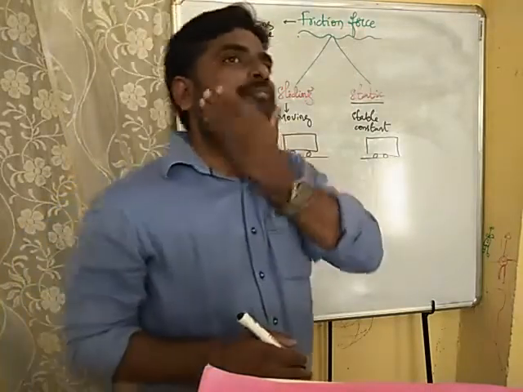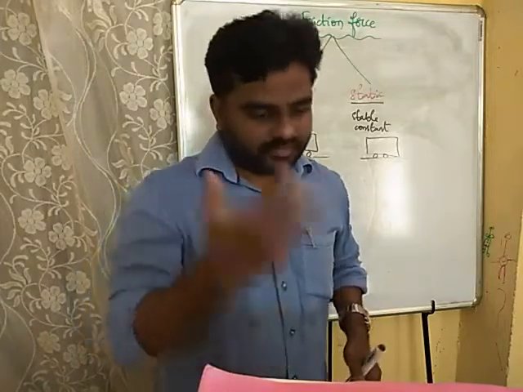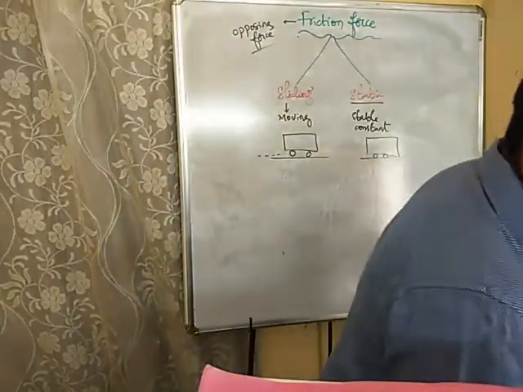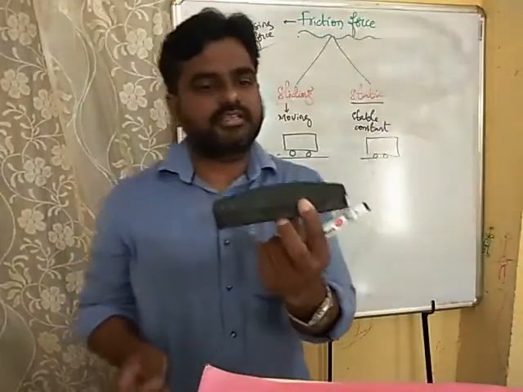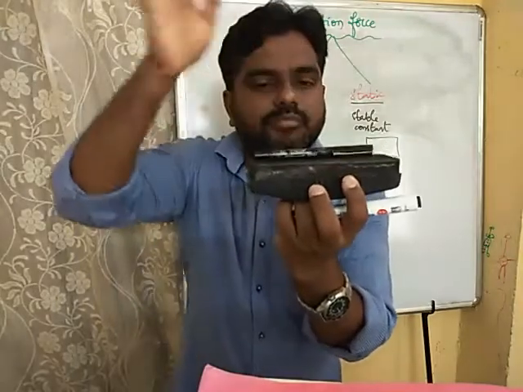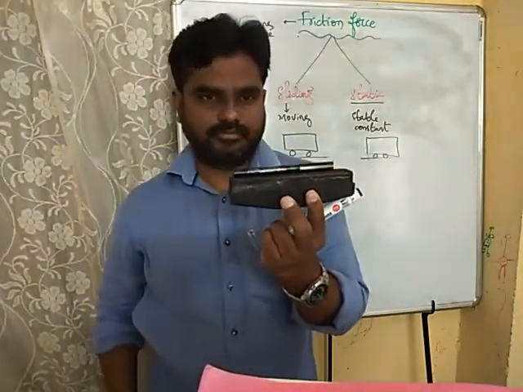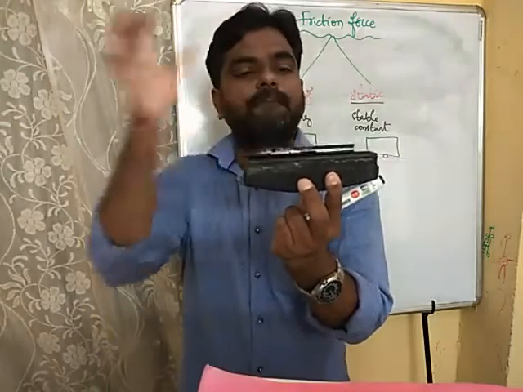Best example, if a car is moving, or in other words, I will give you a small example. Take a duster, and a pen which is kept on the duster. Now here you can see two objects, one is the duster and the second one is a pen.